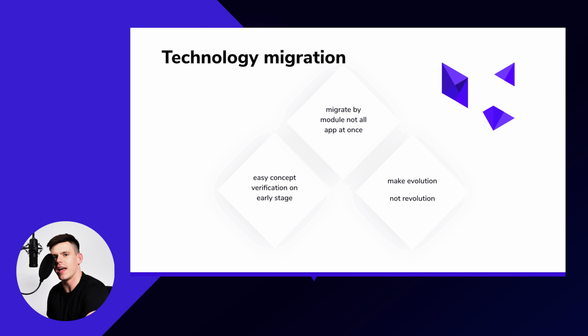What we get thanks to that approach is that we can test our concept, we can test if the migration will be successful before we rewrite the whole application. For example, we can check a single module and prove that our concept is okay and it's safe to implement for the rest of the app.